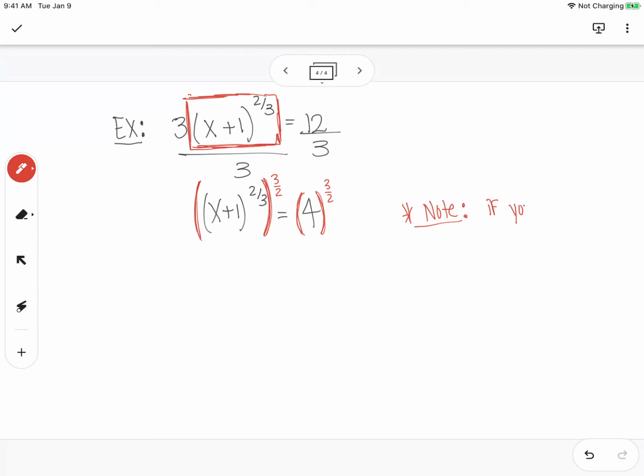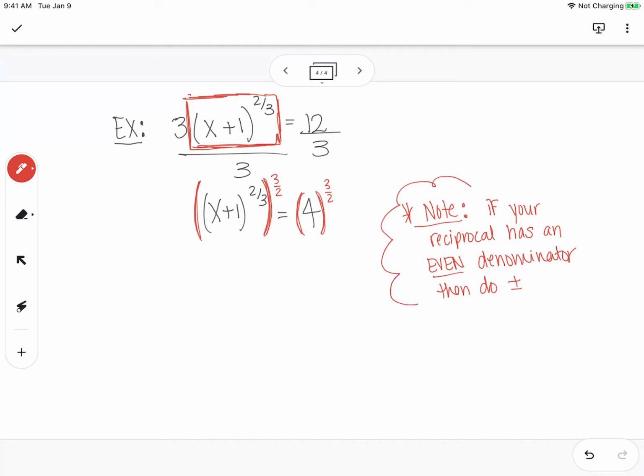If your reciprocal has an even denominator, then do plus or minus. So in this case, if you notice, my reciprocal that I'm raising both sides to, that 3/2, has an even denominator. So I'm going to have to do the plus minus.